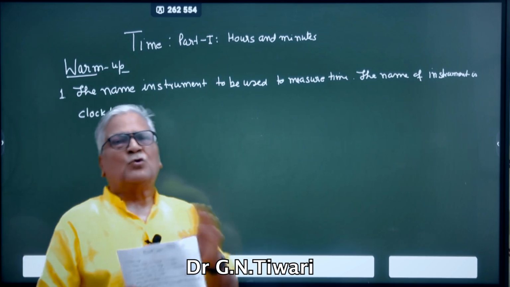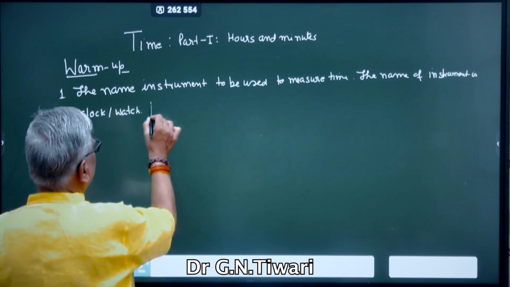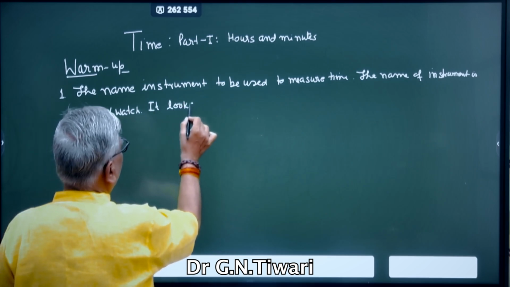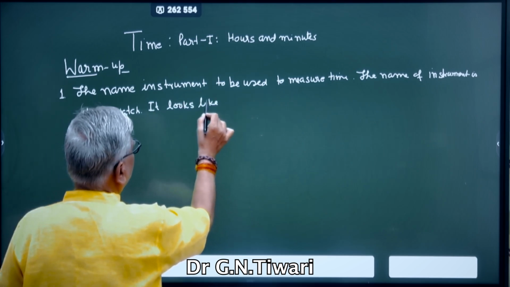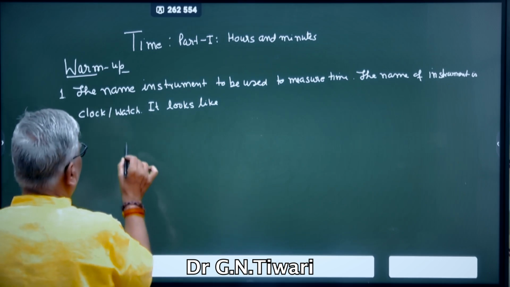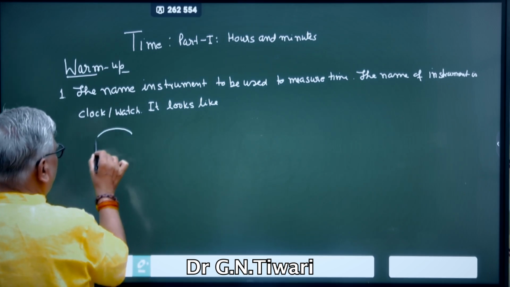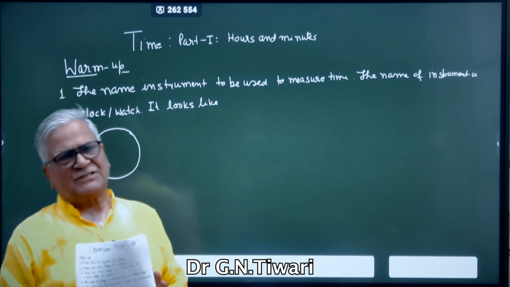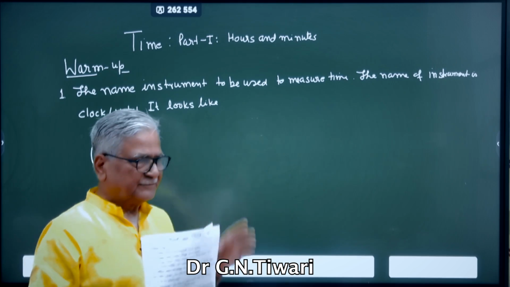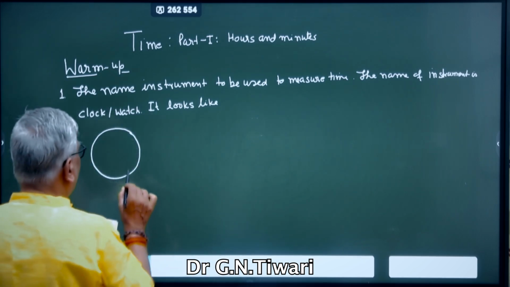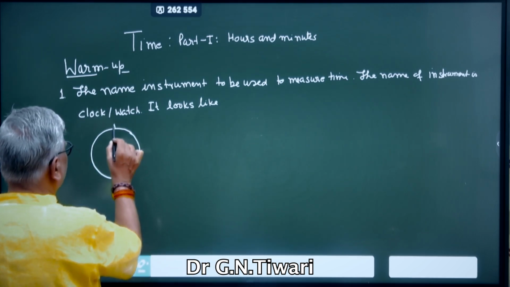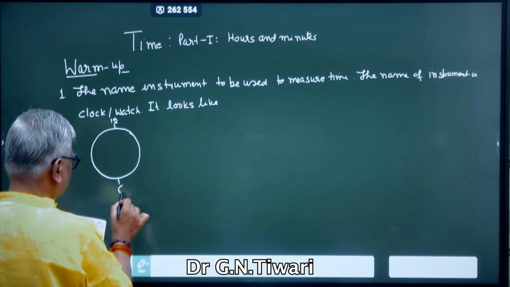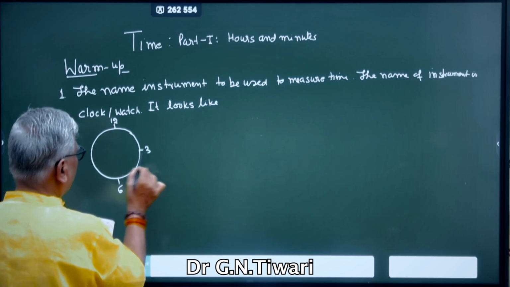Now, how does it look? Just see here. It is in a circle shape. In a book, it is mentioned, but my suggestion is to also ask the students to make a circle. After the circle, ask them to write here 12, here 6, here 3, and here 9.